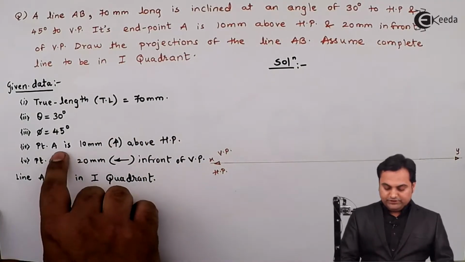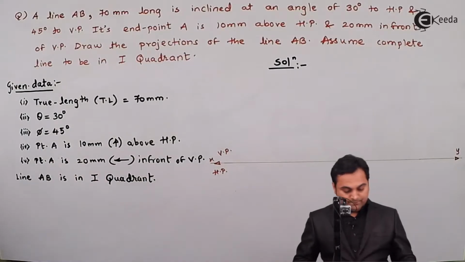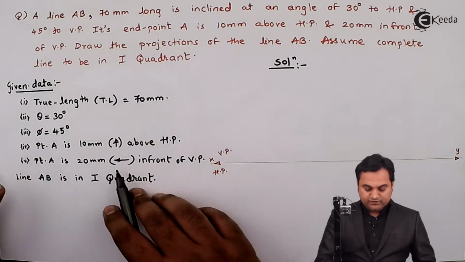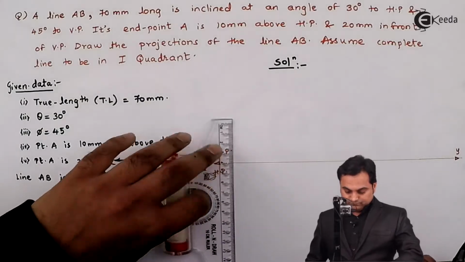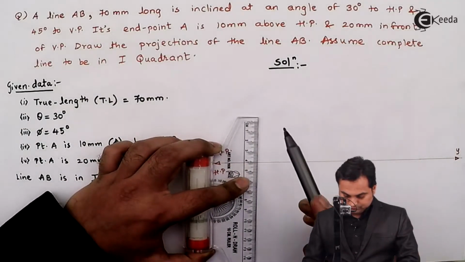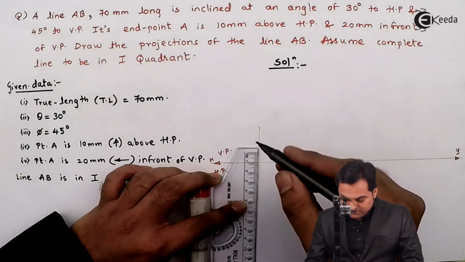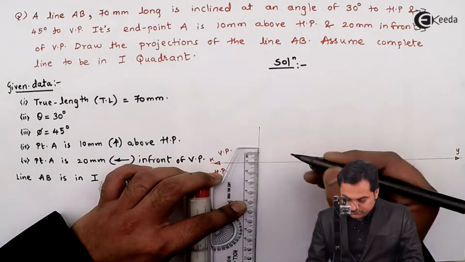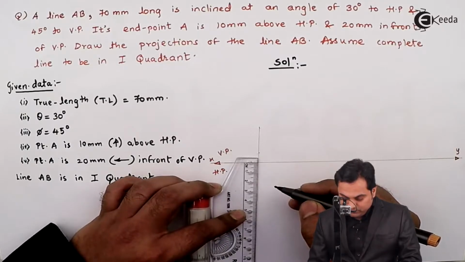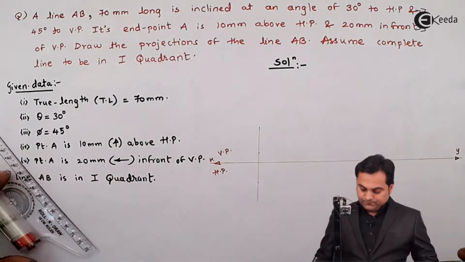So starting with point A, I locate it first. 10 mm above HP, 20 mm in front of VP. Ten mm above HP is seen in VP. 20 mm in front of VP is seen in HP.